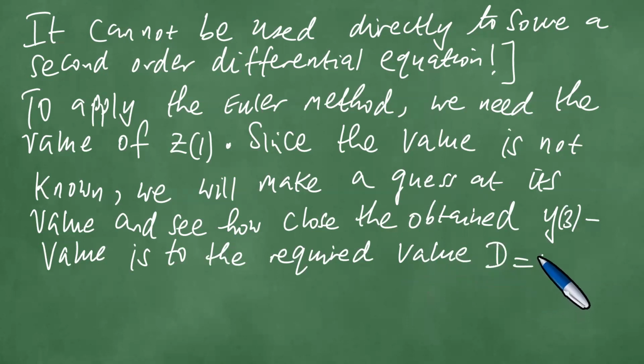Now the required value is called d. The Euler method cannot be used directly to solve a second order differential equation. To apply the Euler method, we need the value of z at 1. Since the value is not known, we will make a guess at its value and see how close the obtained y at 3 value is to the required value d equals 2.